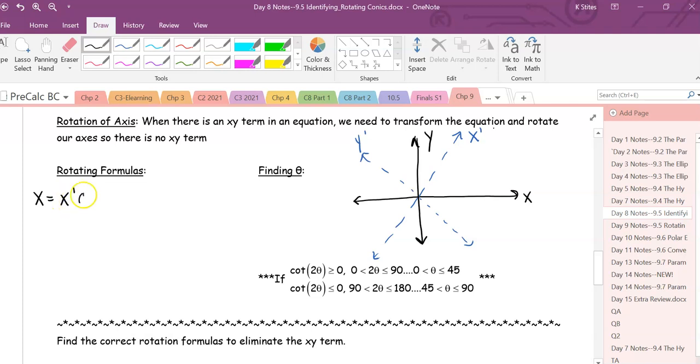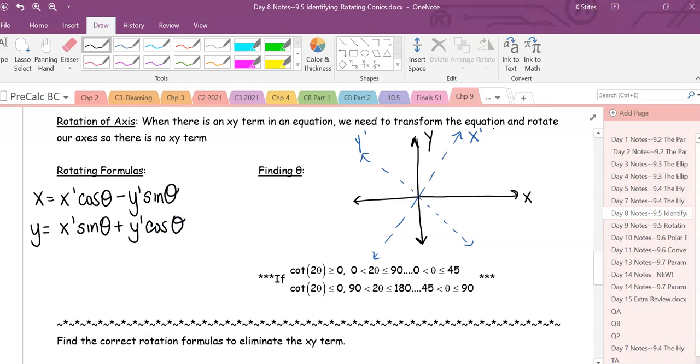x equals x prime cosine theta minus y prime sine theta. And one more, y equals x prime sine theta plus y prime cosine theta.